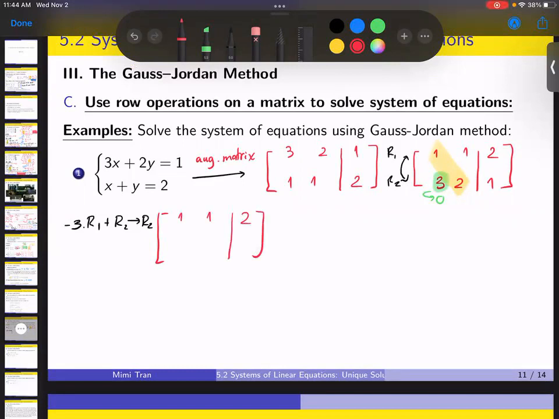And then let's do row 2. -3 times 1 is -3, add 3 is 0. -3 times 1 is -3 plus 2 is -1. -3 times 2 is -6, plus 1 is -5.